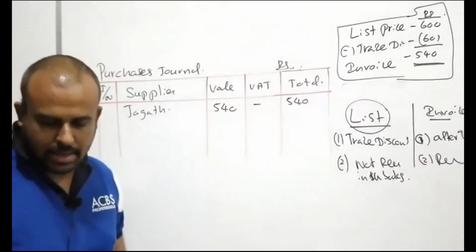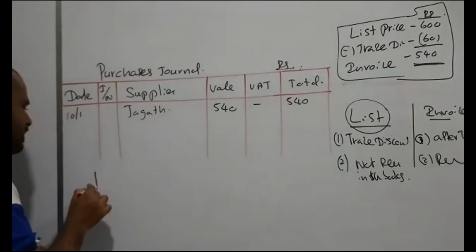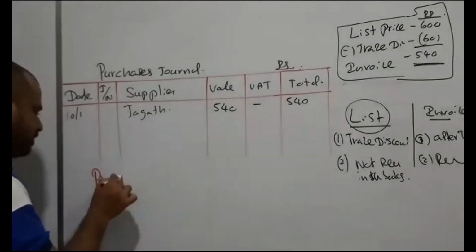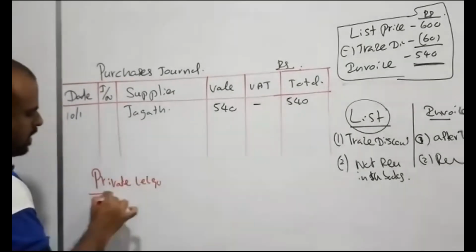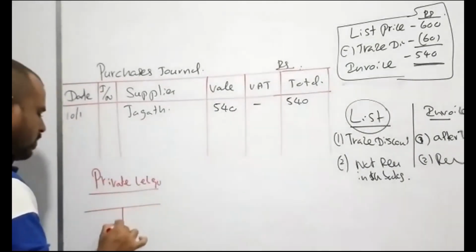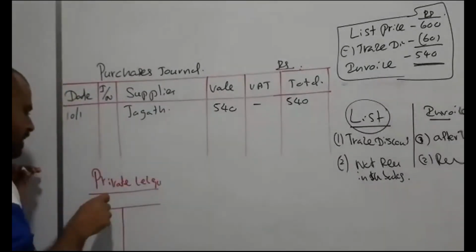Right. So in the private ledger, we need to open a separate creditor account. What is the name of the creditor? Jagat.